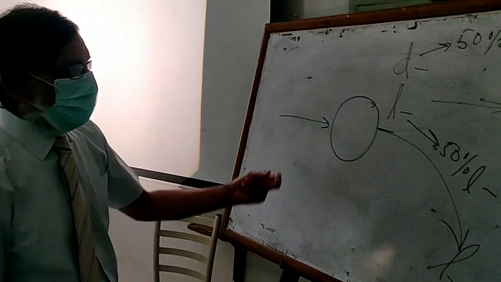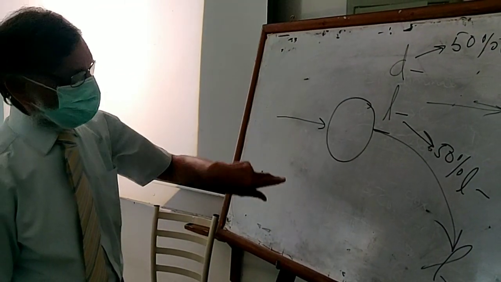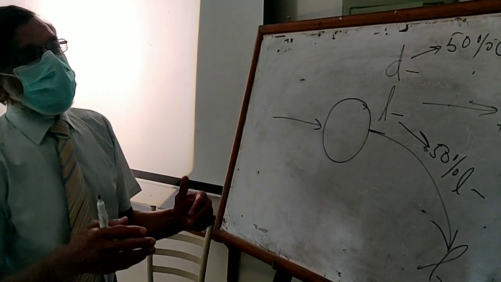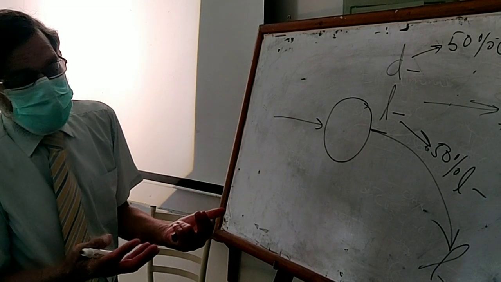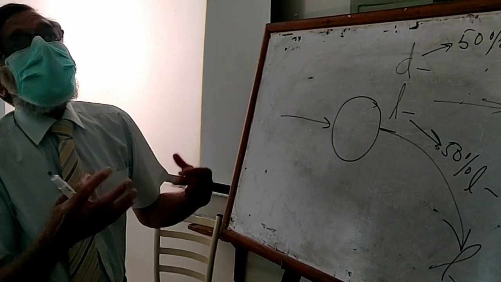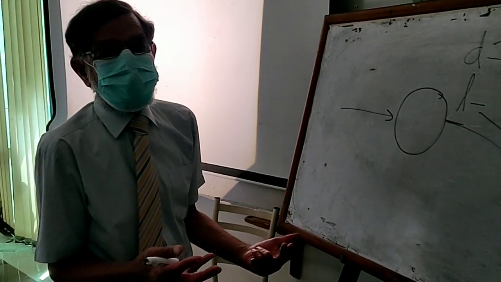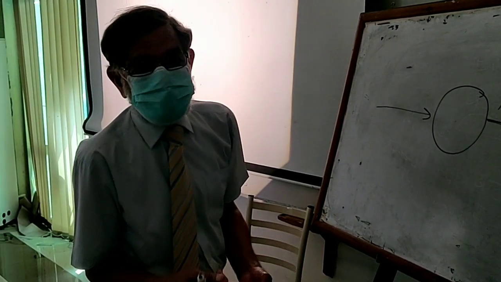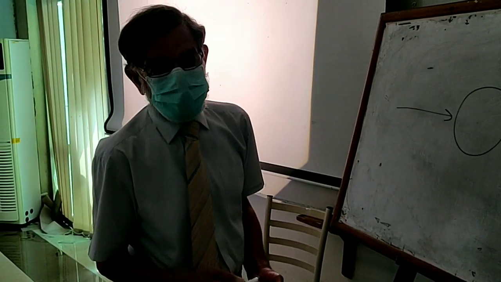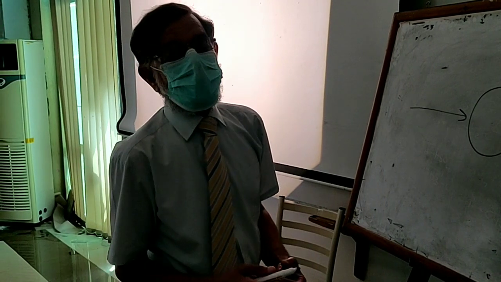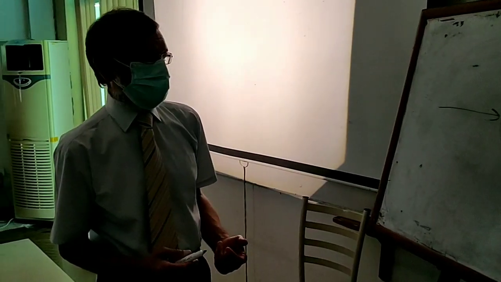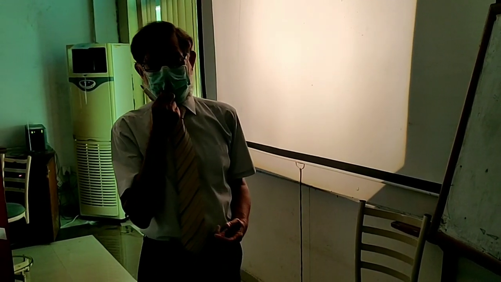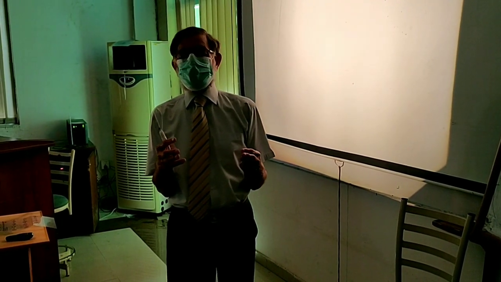As 50% dextro and 50% levo nullify each other, the compound will be optically inactive. That is called a racemic mixture. The compound which has 50% dextro and 50% levo mixed in it is called a racemic mixture, and it is optically inactive.